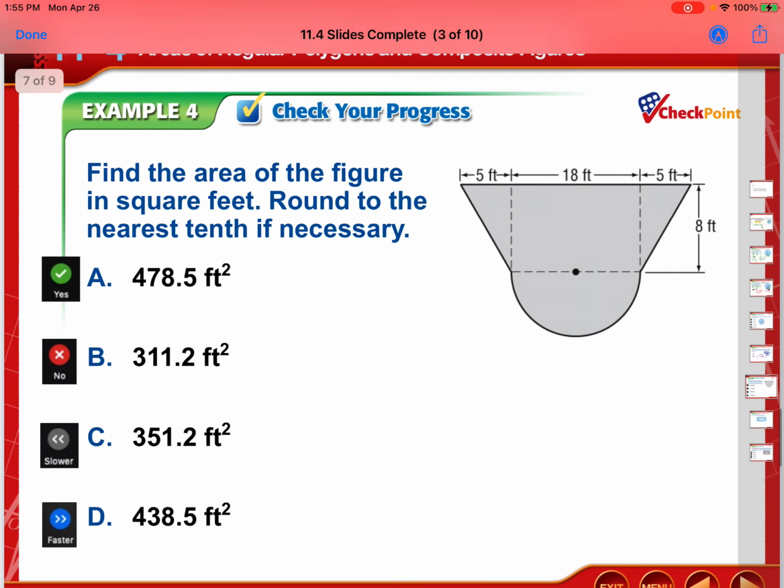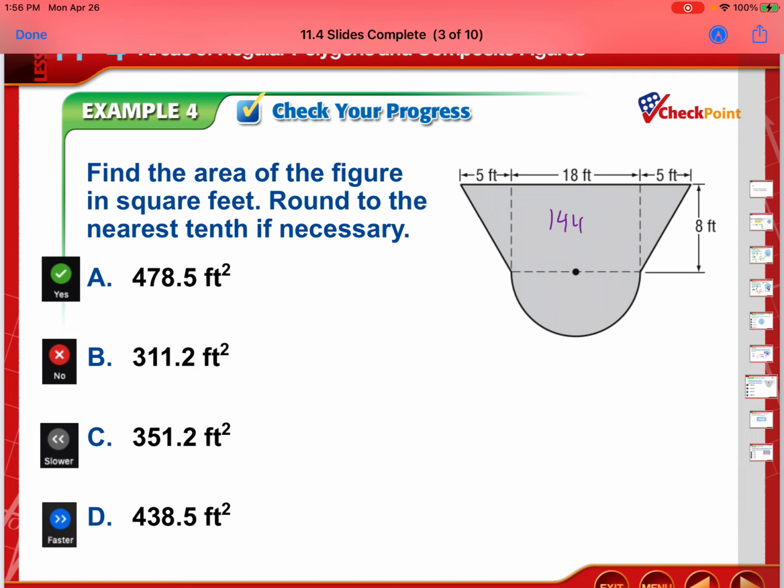All right, so on this one, we have that one semicircle to deal with, so I'm going to go through this one a bit quicker. I'm going to start with this rectangle again. Length times width, 18 times 8, and we get 144 for that rectangle in the middle.